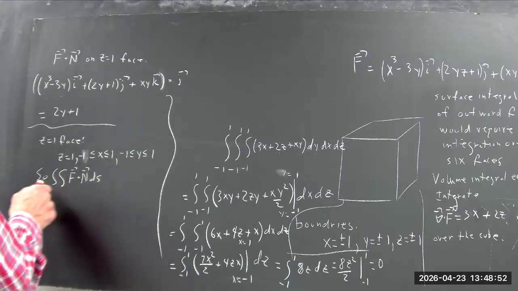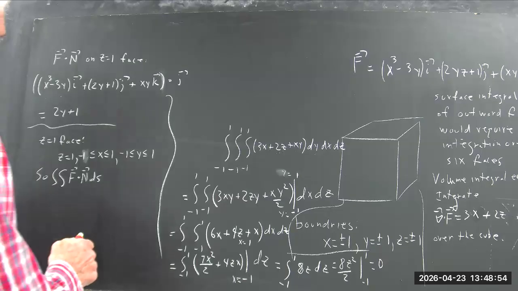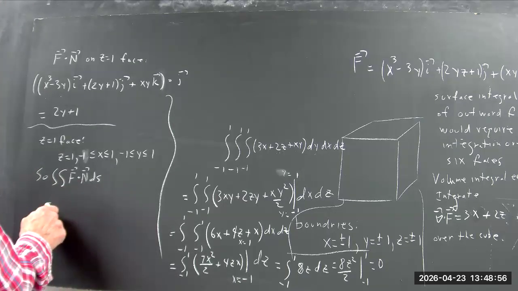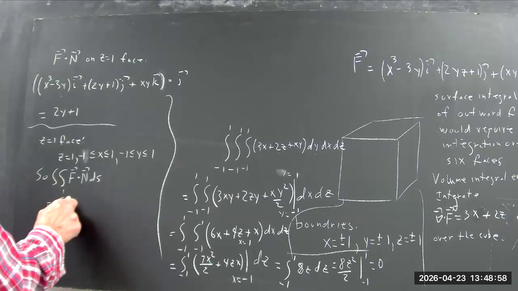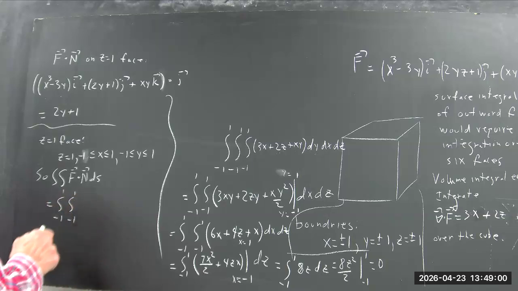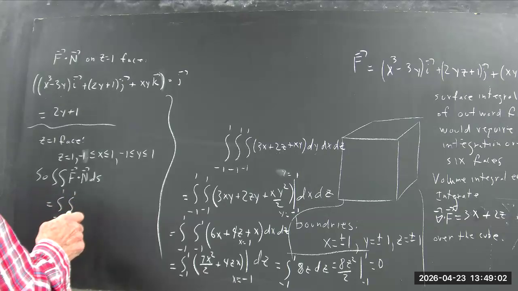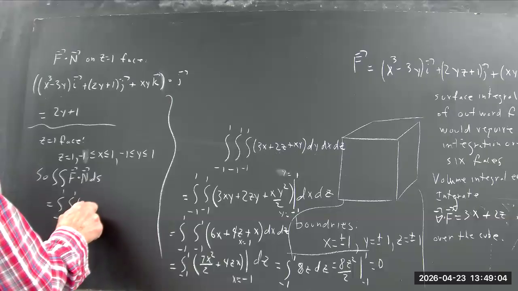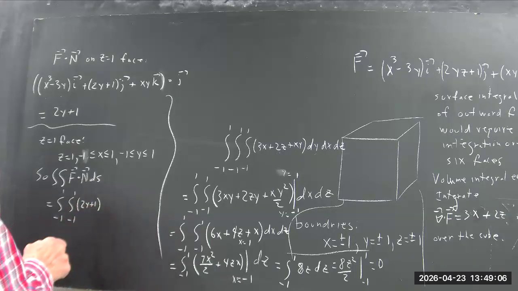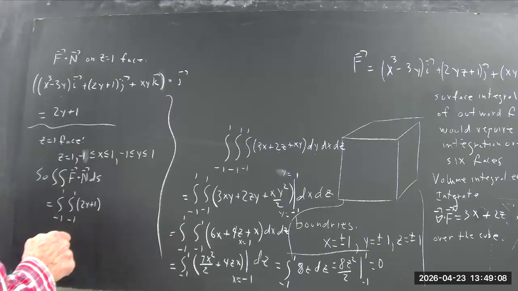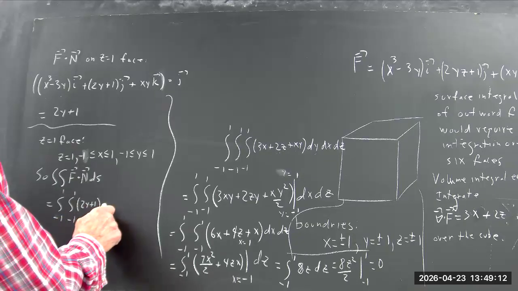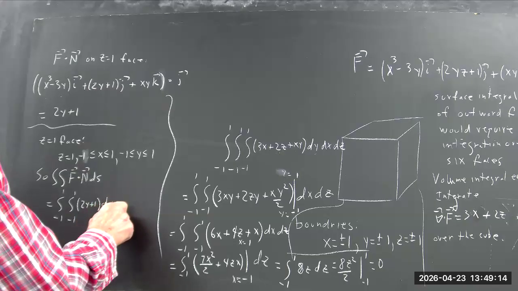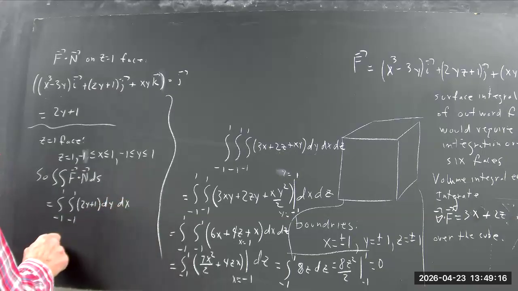So the integral of f dot n dS is just the integral from -1 to 1 of the integral from -1 to 1 of 2y plus 1 dy dx.